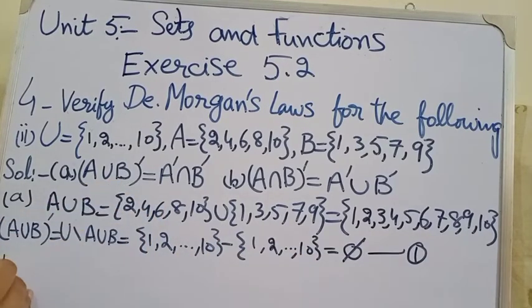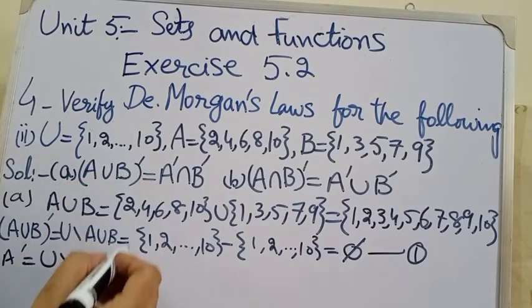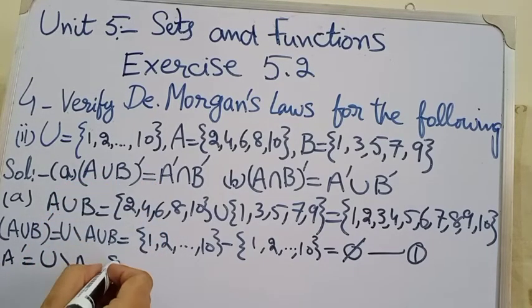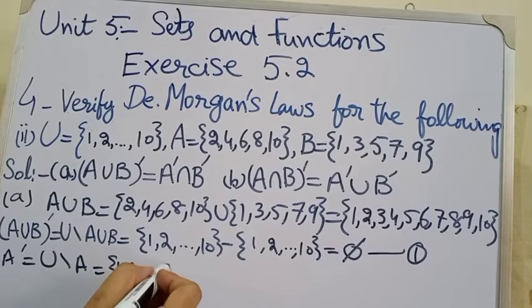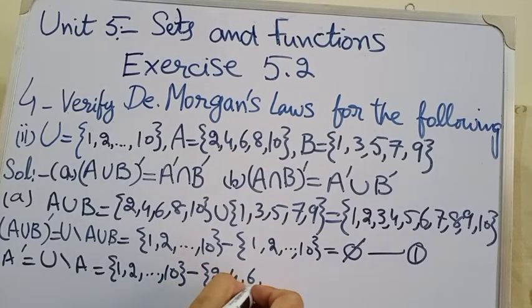So we have to find A complement. It means the elements of the universal set not in set A. Universal set has elements 1, 2 up to 10, and set A has elements 2, 4, 6, 8 and 10.